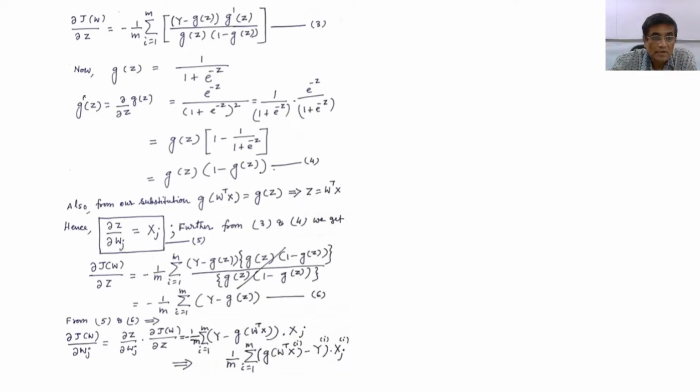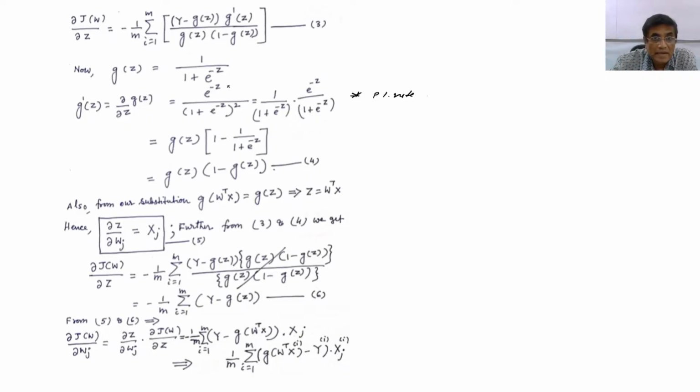So how to calculate g prime z? Differentiating this function with respect to z gives e to the power minus z by 1 plus e to the power minus z whole square. This I am writing with a purpose. This is very, very important. Please note.